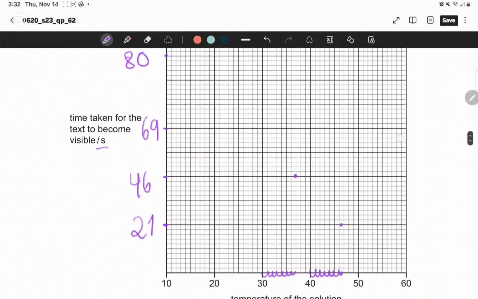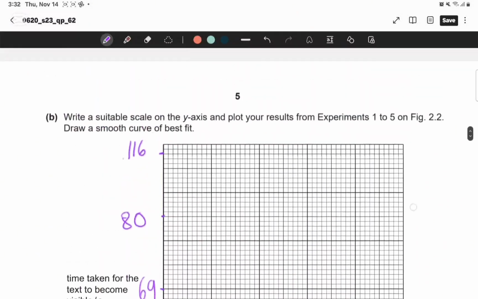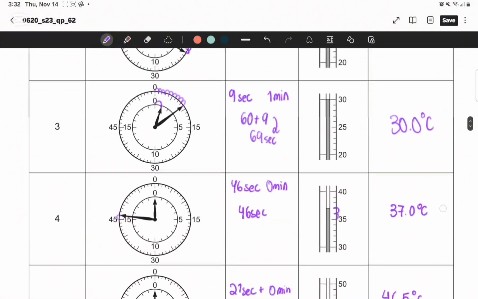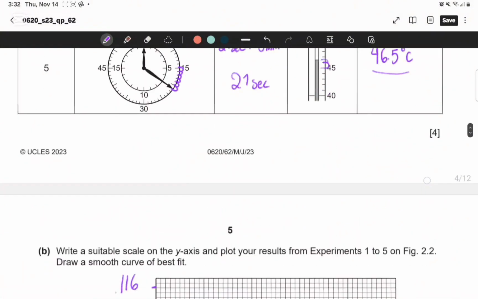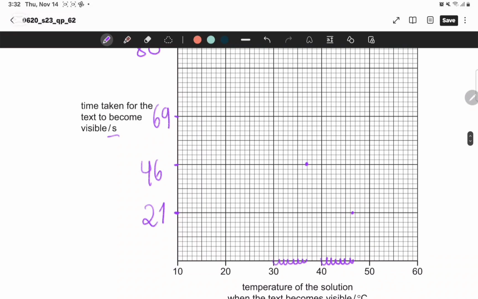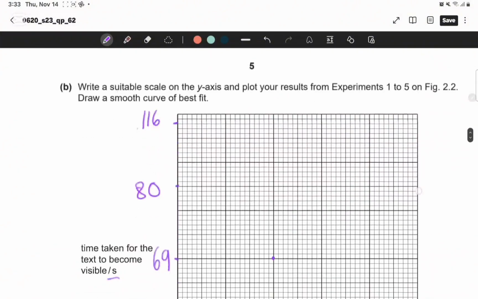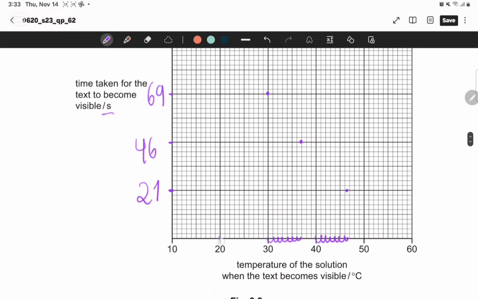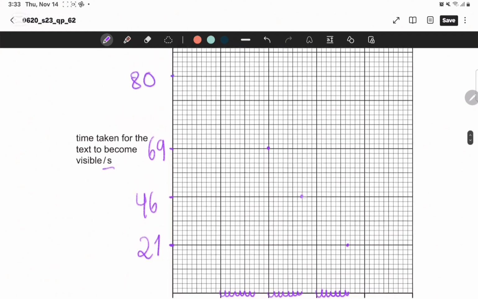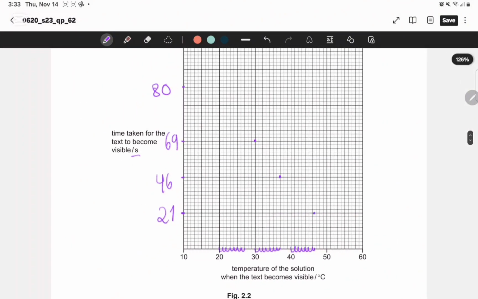And then 69, where's that? Here, 69 seconds at 30 degrees Celsius, so 30 here and here. And then at 80 seconds it's 27 degrees Celsius, so 21, 2, 3, 4, 5, 6, 7, so around here.